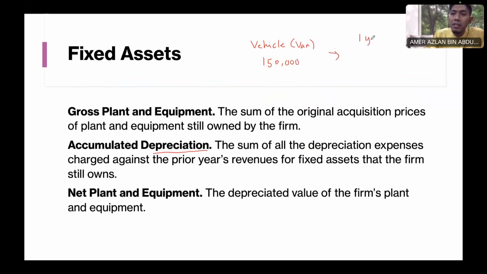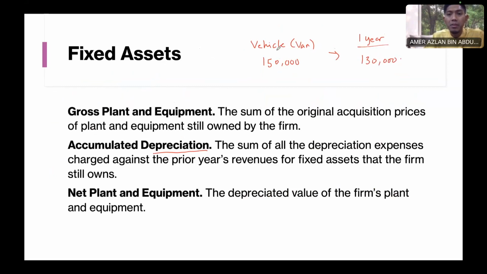Now, after 1 year, the value of this vehicle might drop to, let's say, 130,000. This is absolutely normal when you have a fixed asset. An asset that depreciates in value, asset yang mana susut nilai dia berlaku.